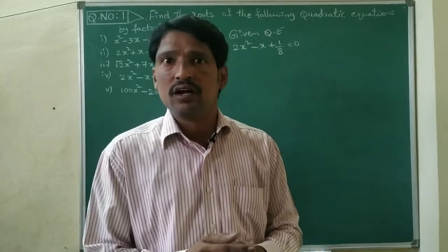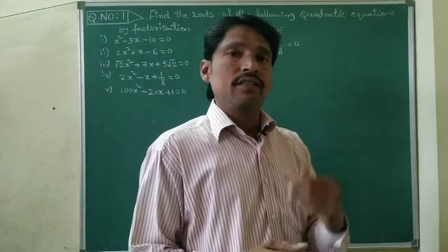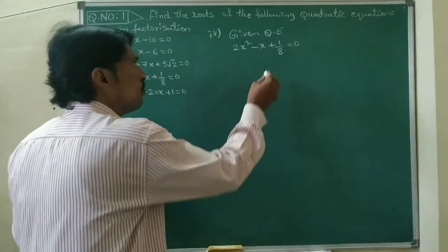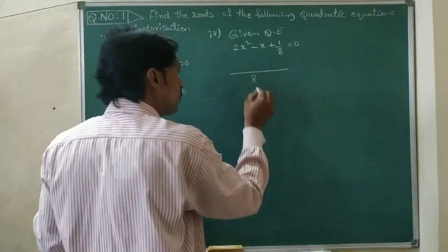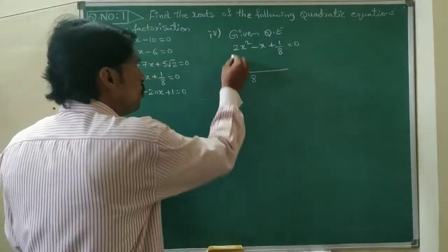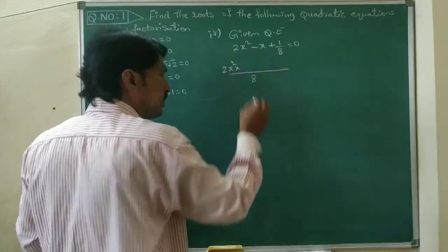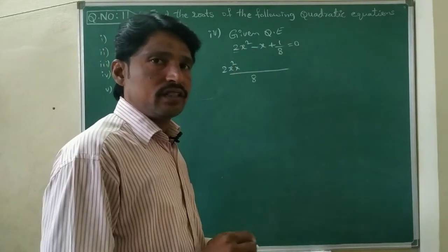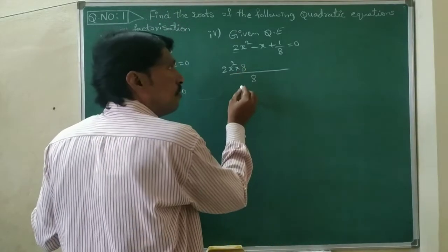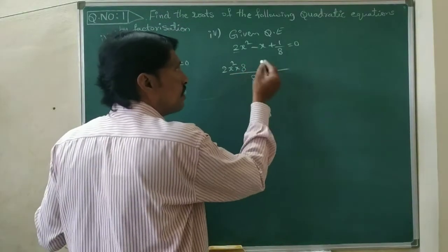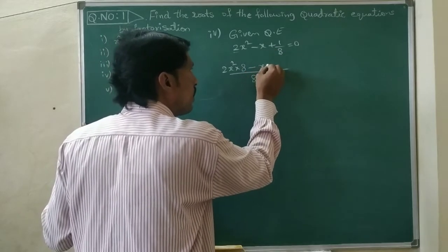When we are getting a combination of rational numbers and integers, we need to take the LCM. Here we are getting only one denominator, means we are getting 8 as the LCM. Numerator 2x square as it is, into here nothing in the denominator means 1. 1 8s are 8, again numerator x as it is.